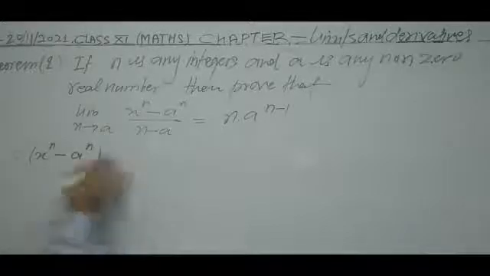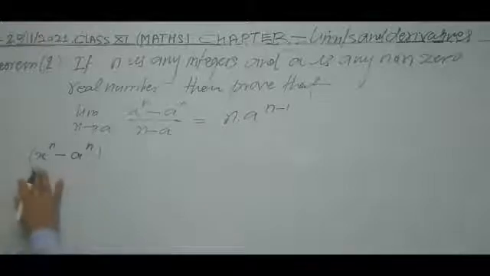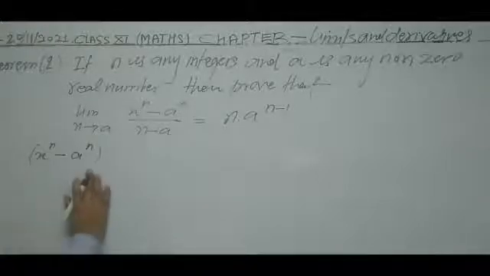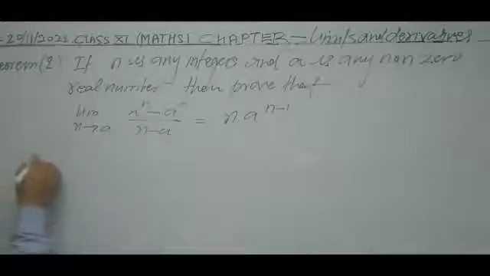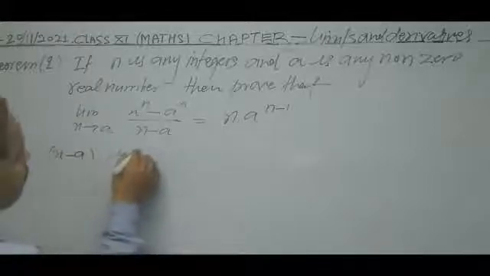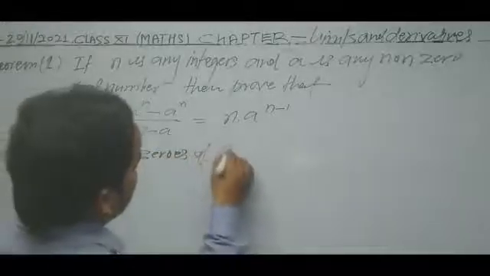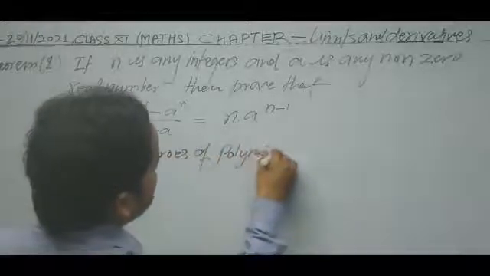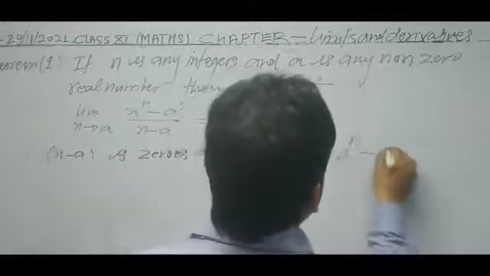So x minus a is a factor, since x is equal to a is a zero of the polynomial x to the power n minus a to the power n.